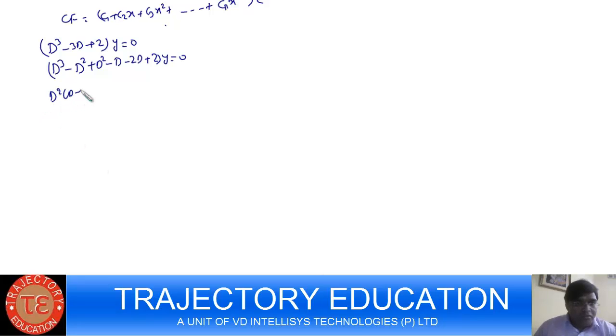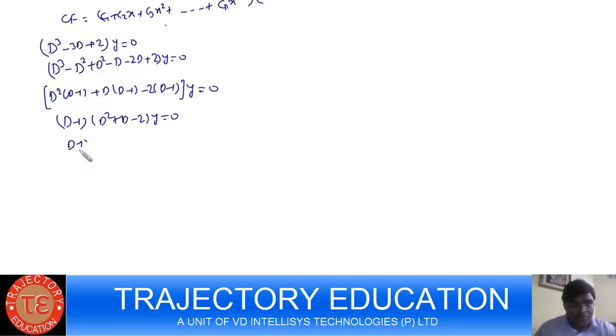All this will be (D minus 1) y equal to 0, or (D minus 1), or this is (D minus 1).